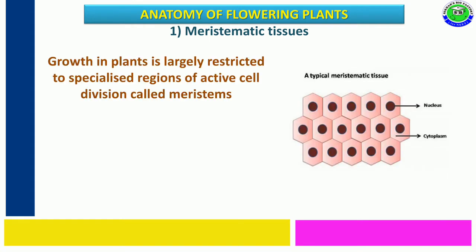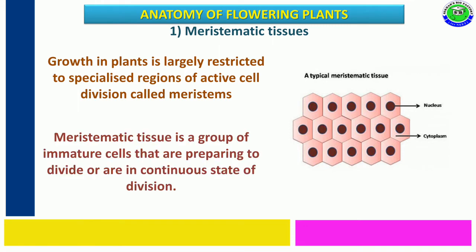In a plant body, growth is restricted to some specialized portions in its structure, and these portions having active cell division are referred to as meristem. They are meristematic tissues. These are groups of immature cells that are preparing to divide, or have a continuous state of division capacity.